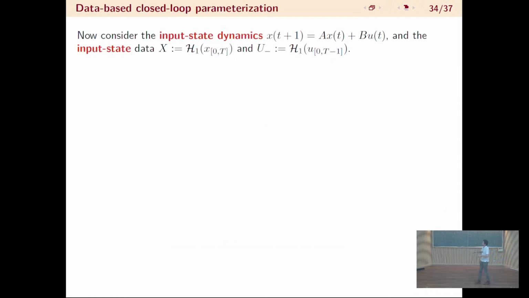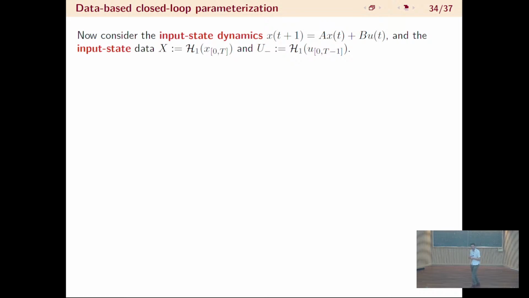And they established a kind of data-based closed-loop parameterization. In their paper, they mainly focus on input-state data, not input-output. So we have just the input-state dynamics, x t plus 1 is Ax plus Bu. And for now, we consider the case of input-state data.